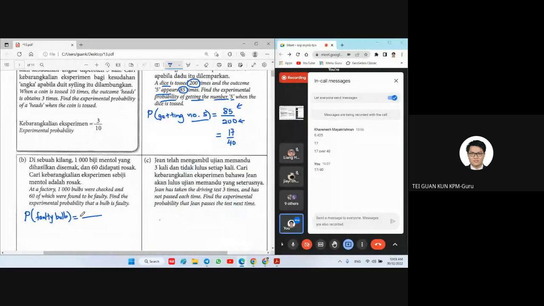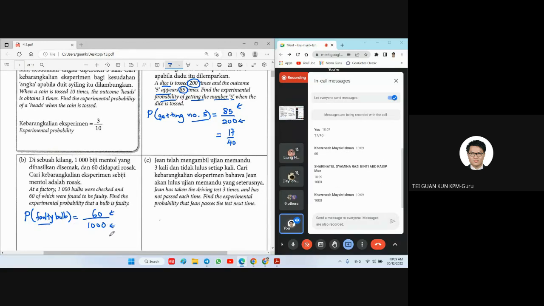So here, the event that we want is a faulty bulb. So how many faulty bulbs? 60. Out of how many total bulbs? 1,000. So 60 is the number of bulbs which are faulty and 1,000 is the total bulbs checked.